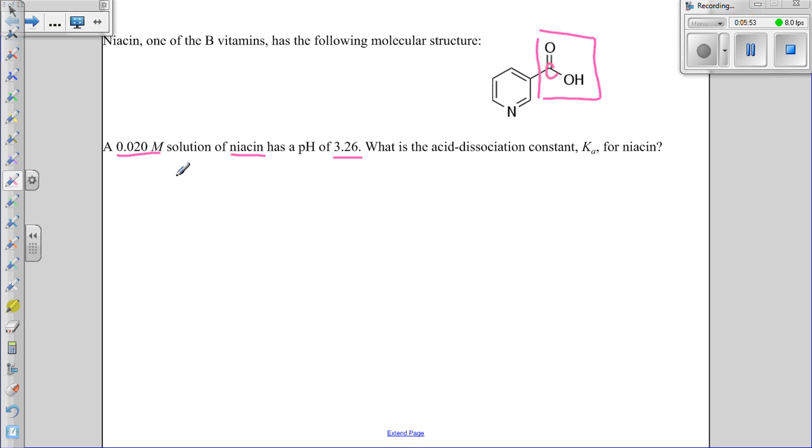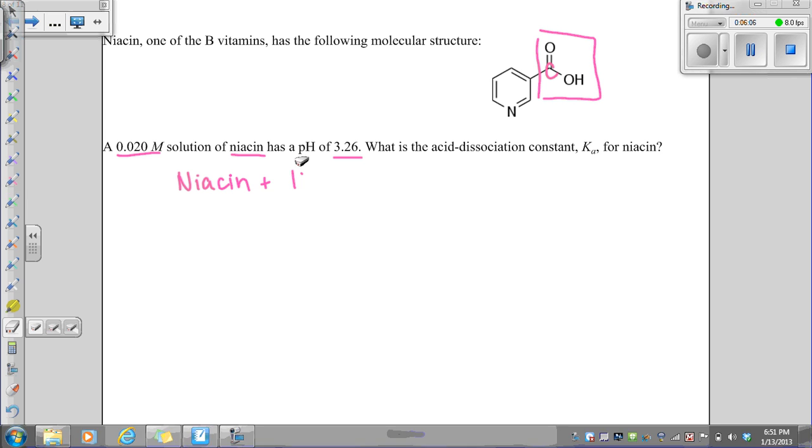So the first thing we can do is write a balanced equation. So I'm going to do niacin plus water. Let's do it without water this time so you can see what happens if we do it that way.